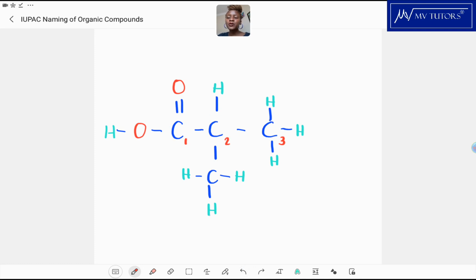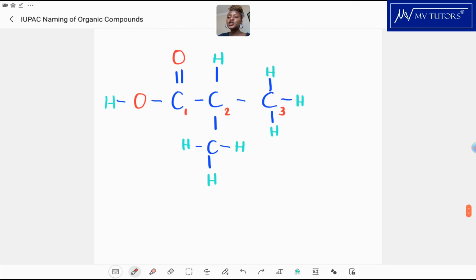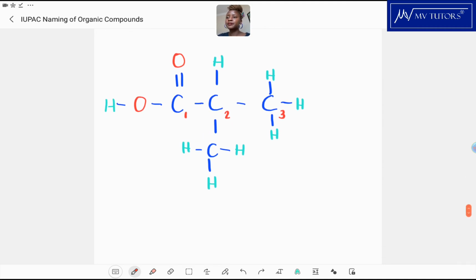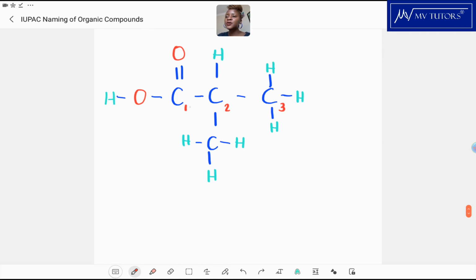So on the second one, I have a methyl group, my carboxylic acid, and I have 3 carbons. So it would be, okay, 3 would be pent, right? No, not pent.